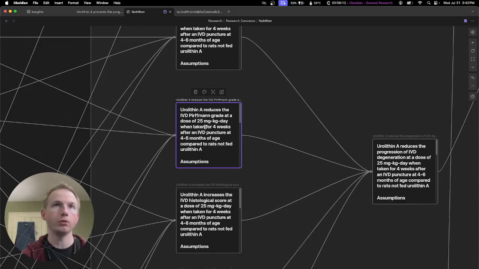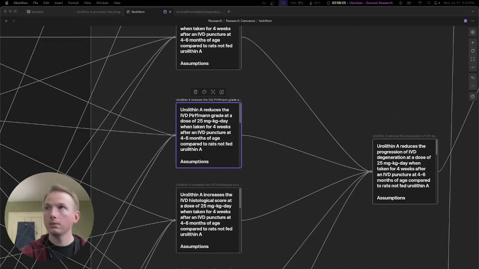What it does is it prevents the reduction, and not even prevent, it mitigates. How do you say prevent progression or slow progression?